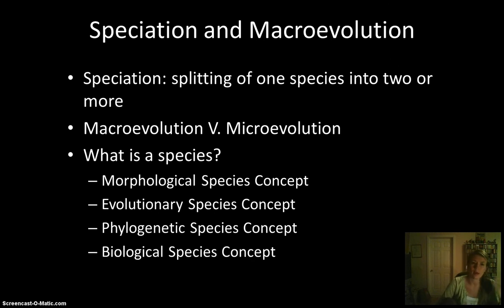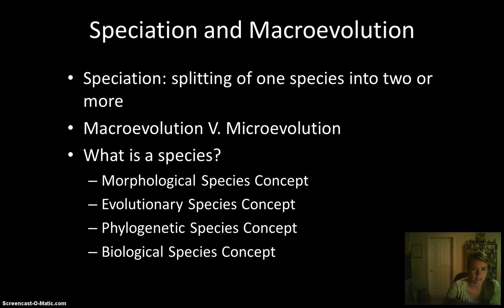So rather than looking at how one species changes over generations, we're looking at how the changes lead to new species. So your book defines macroevolution, so big, large picture evolution, as the result of the accumulation of microevolutionary changes that result in the formation of new species.